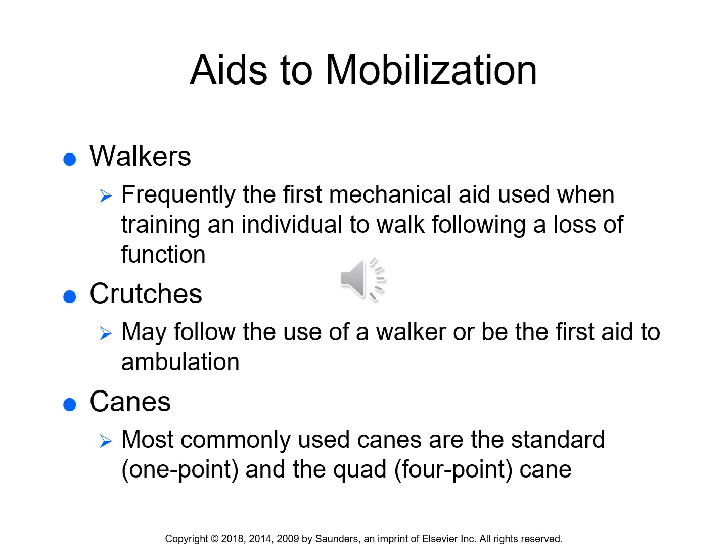Okay, so I have posted videos on Blackboard for you to see how to use walkers, crutches, and canes appropriately, so that you can properly teach your patients how to use these devices. When you have patients using these devices, you want to make sure that they're adjusted properly to fit your patient's height, as well as making sure the device is within reach for the patient.